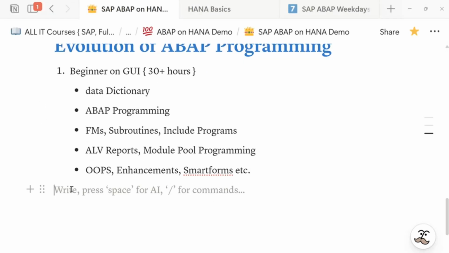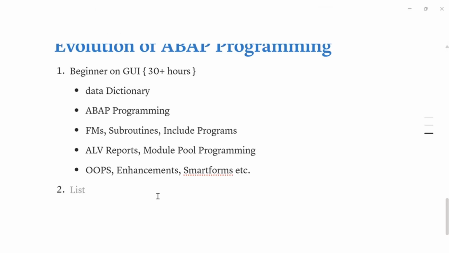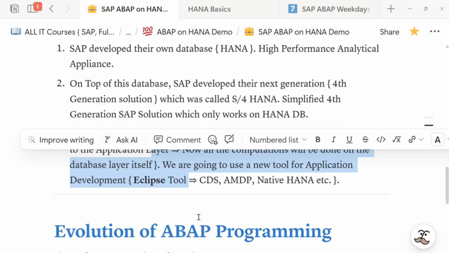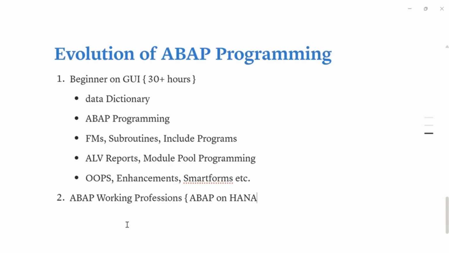Second, if you are an ABAP working professional, you already have some experience, and you want to use the new technology, HANA, and the Eclipse tool, then ABAP working professionals will be learning ABAP on HANA, where they are going to use the Eclipse tool for ABAP development.